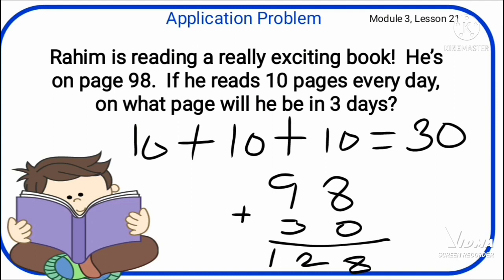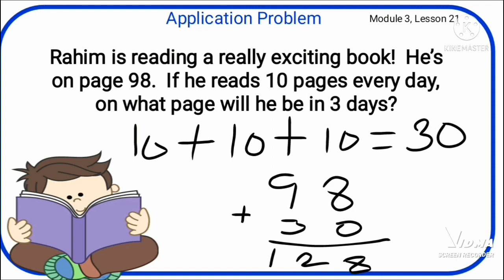Like when we did 10 more in the previous lesson. 10 more than 10 more than 98 is what? But now you have it for 3 days. That is 10 plus 10 plus 10. If you do 10 more than 98 3 times, you're going to have 128.